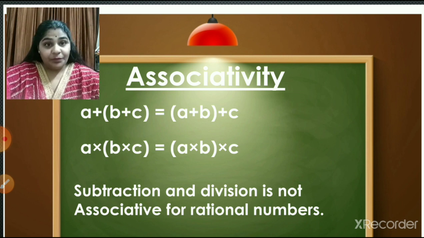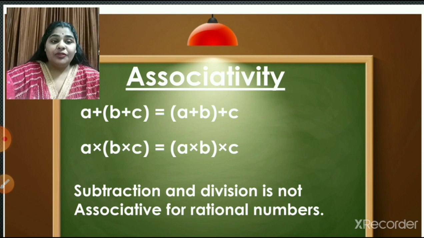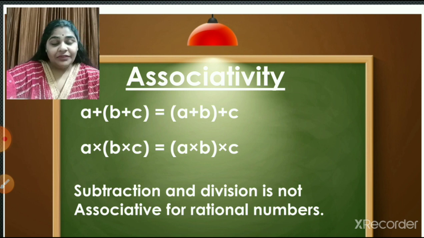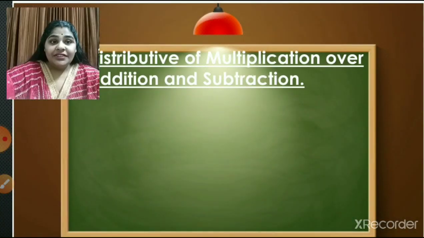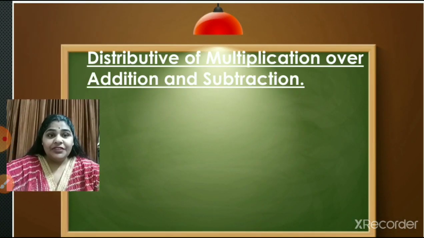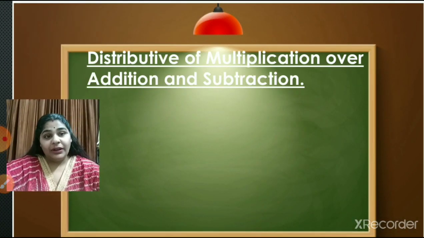Similarly, again, subtraction and division are not associative. So for rational numbers, these two properties are very important to understand, children. Based upon these properties, we have problems in exercise 1.1 that we are going to see, right? The next property is the distributive property, distributive of multiplication over addition and subtraction.